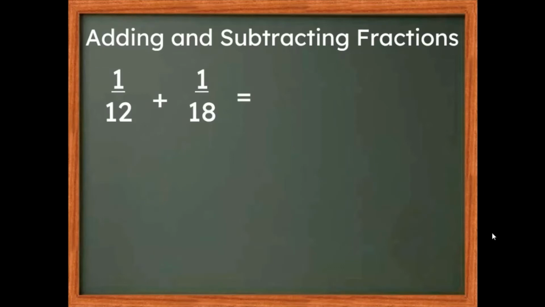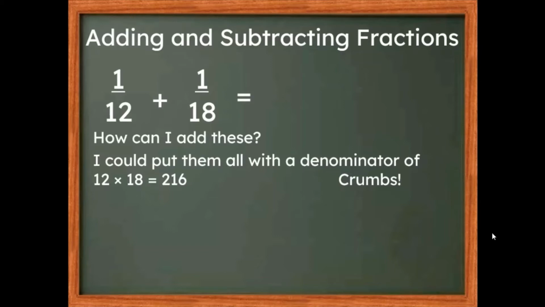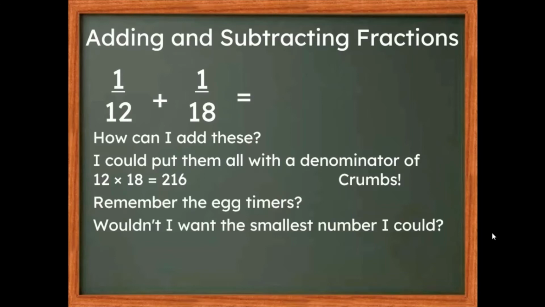So, what about something really horrible like a twelfth plus an eighteenth? Well, I could put them all with a denominator of 12 times 18 is 216. Crumbs! Hardly anything left. But if we remember our lowest common multiple, I want the smallest number I can. The lowest common multiple of 12 and 18 is 36.